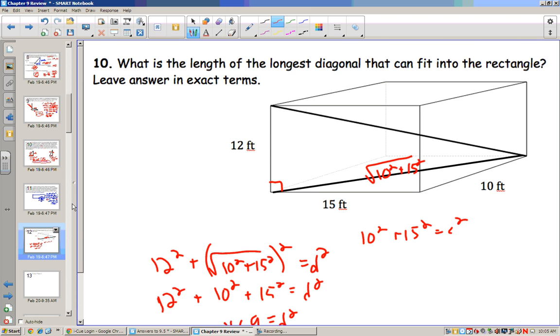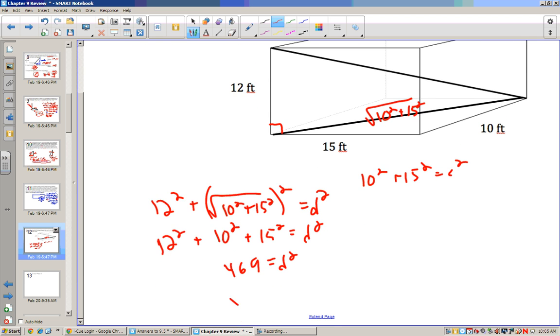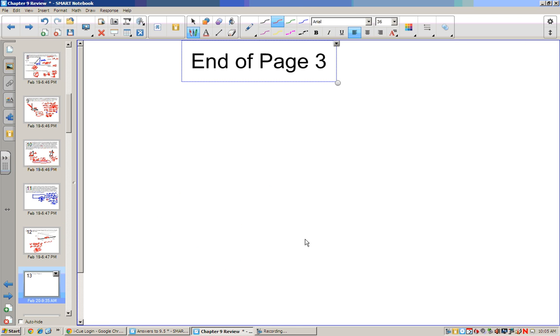Now, does it say leave it in exact terms? So the square root of 469 should be the answer. And I'm not sure that this can divide into anything. It can divide into 7, but nothing too well. We can just leave it as the square root of 469. And that is the end of page 3.